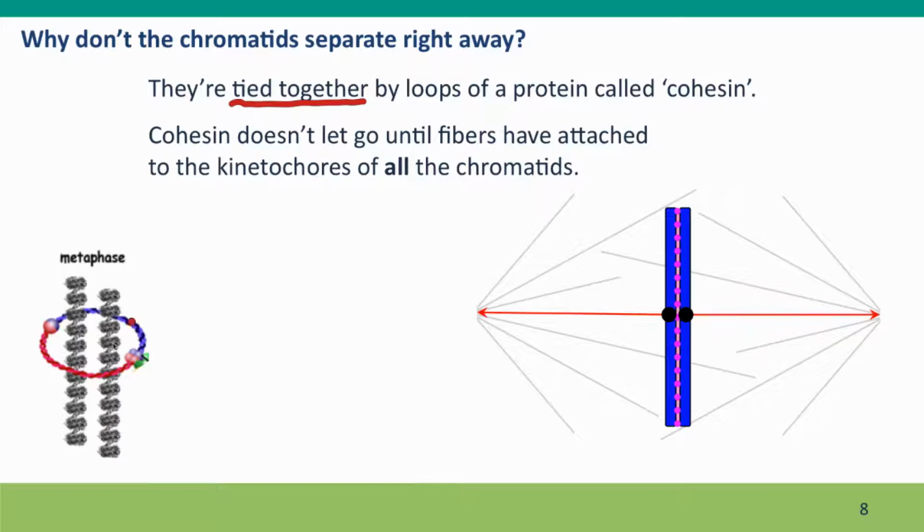Cohesin doesn't let go until it gets a signal telling it that all of the kinetochores have spindle fibers attached to them. You might remember in the video in the previous lecture, there was one cell that got stuck in mitosis, and it stayed with its chromosomes at the center of the cell. The place called the metaphase plate is the name for the center of the cell.